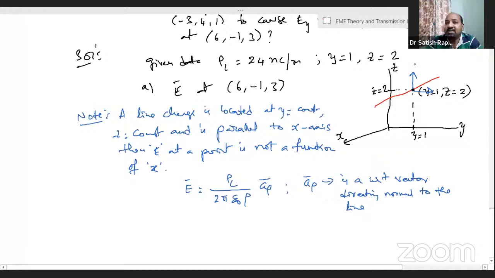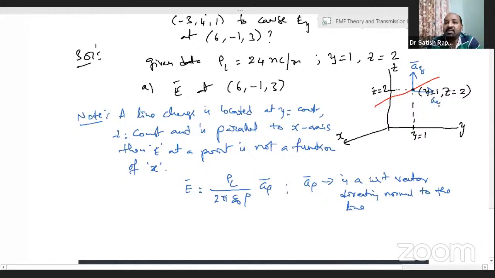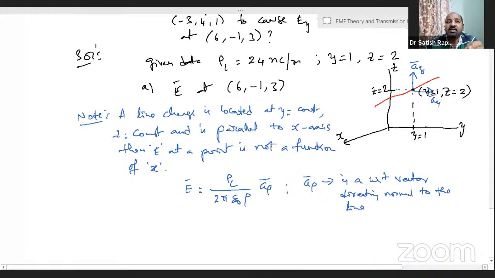That means the electric field has a_z bar and a_y bar components, directed towards the y-axis and z-axis, and no electric field exists along the x-axis.